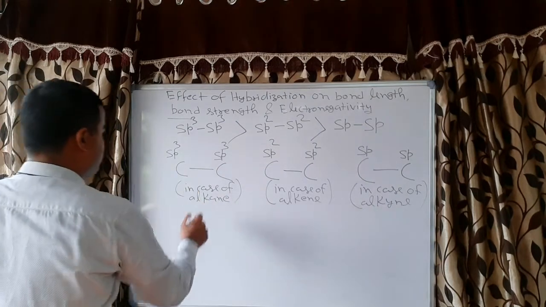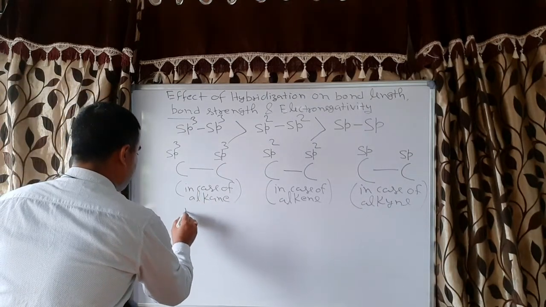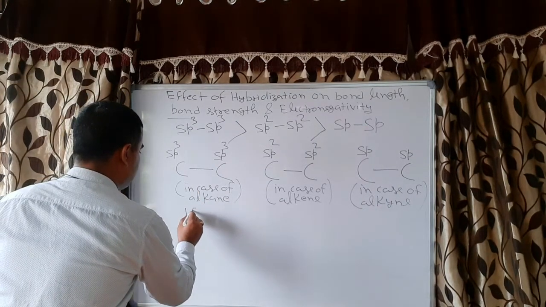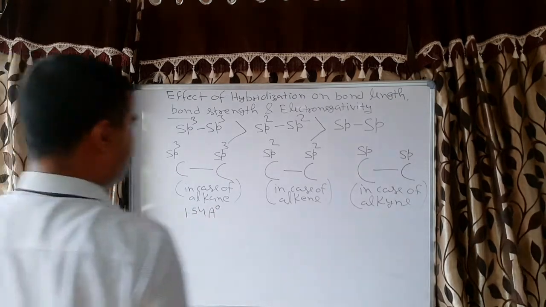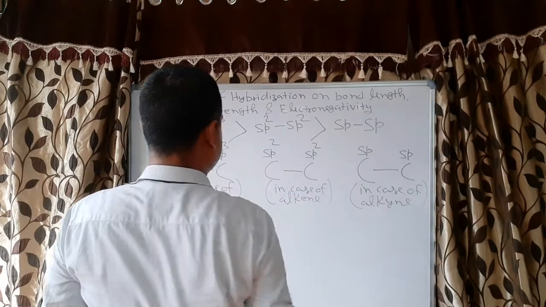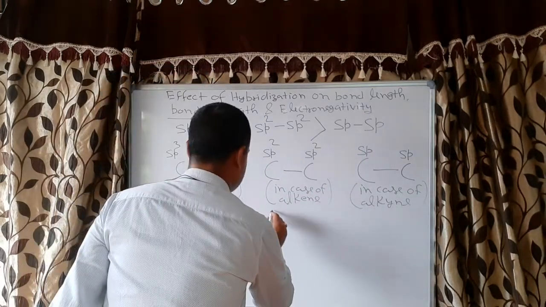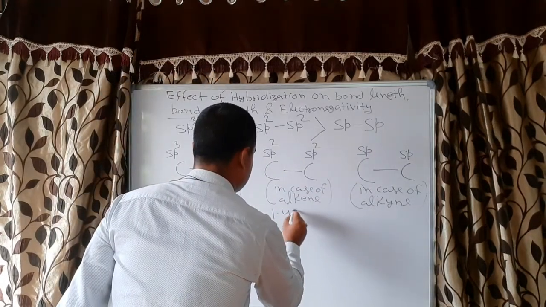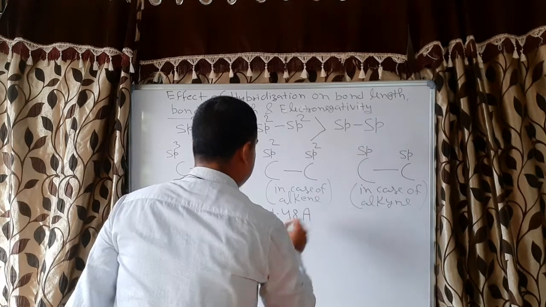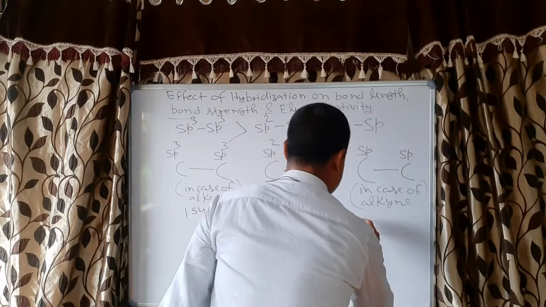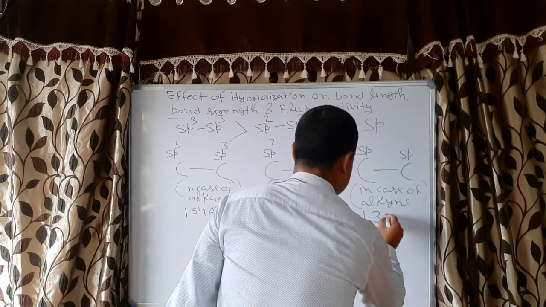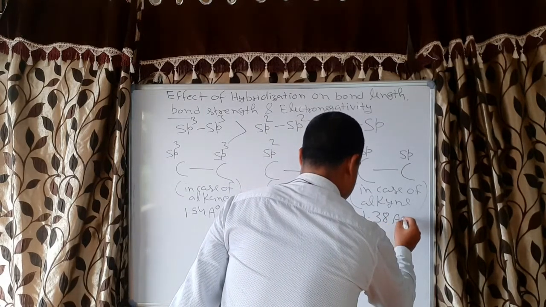So this bond length will be 1.54 angstrom, and this bond length will be 1.48 angstrom, and this bond length will be 1.38 angstrom.